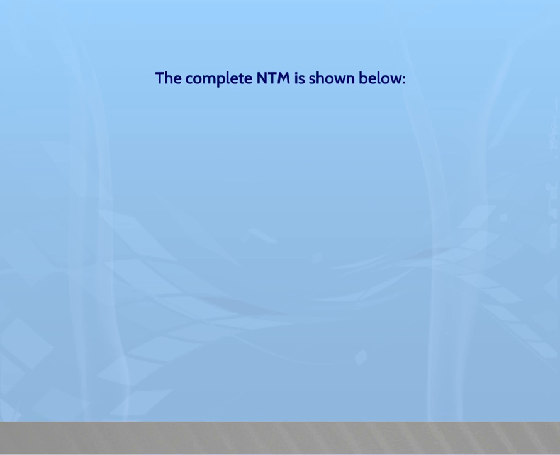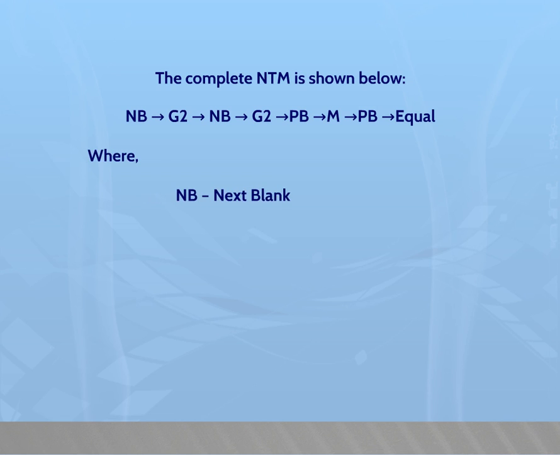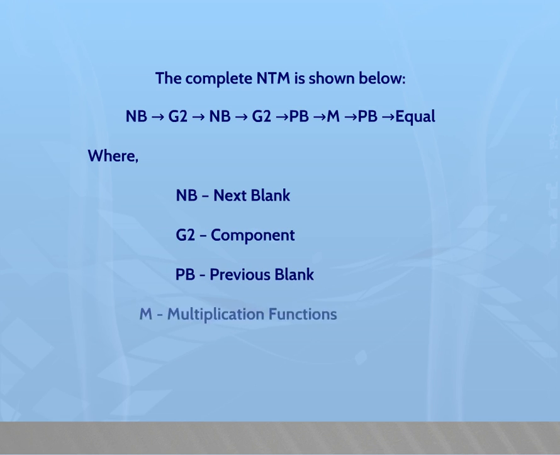The complete NTM is shown below: NB, G2, NB, G2, PB, M, PB, equal, where NB is next blank, G2 is the component, PB is previous blank, M is the multiplication function, and equal compares two strings.